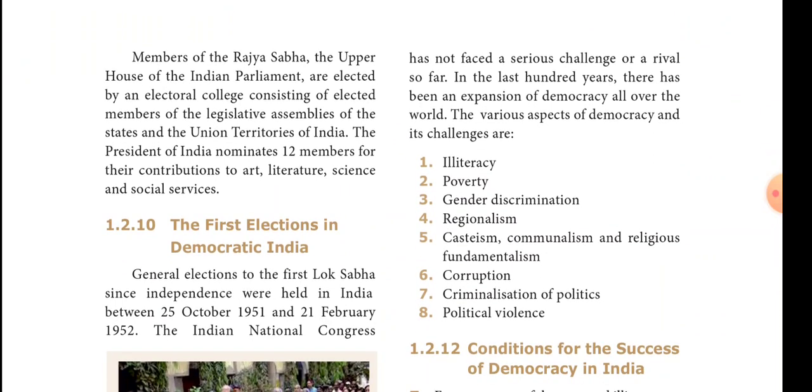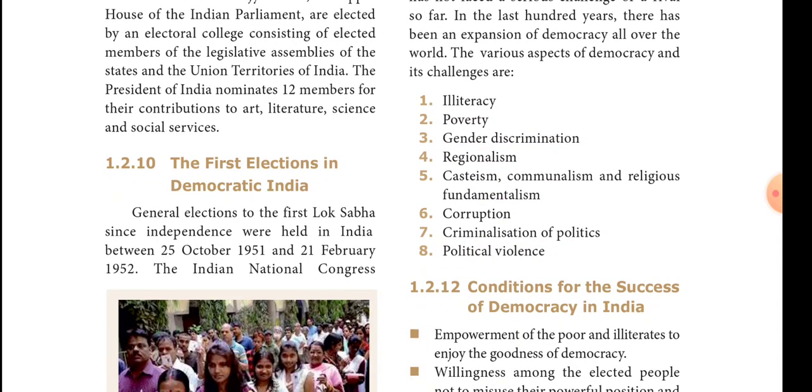And it also struggled with various issues like literacy, poverty, gender discrimination, regionalism, casteism, communalism, religious fundamentalism, corruption, criminalization of politics, and political violence. So these are the issues it faced.